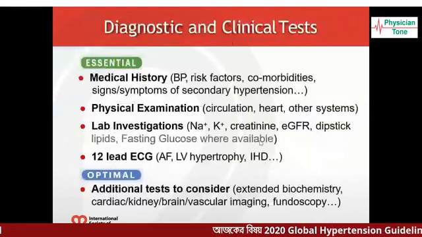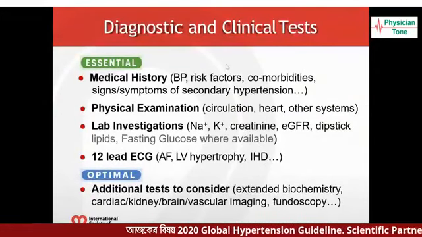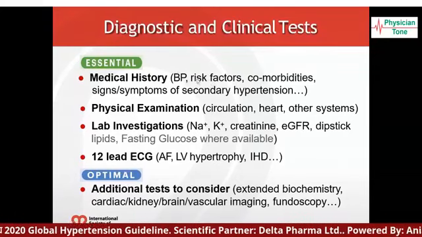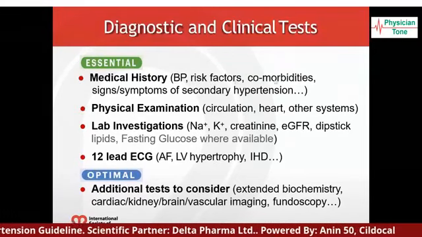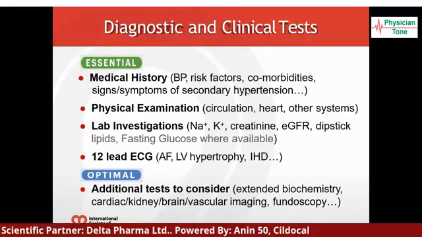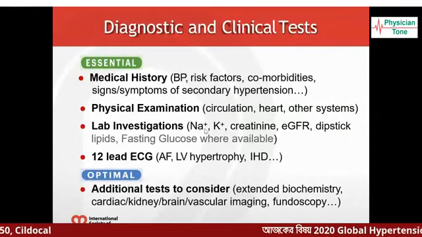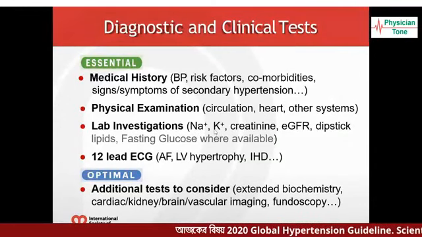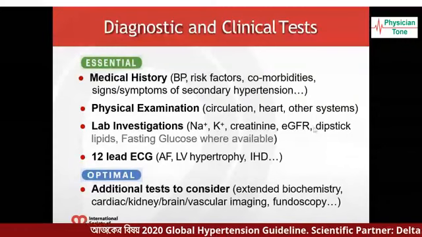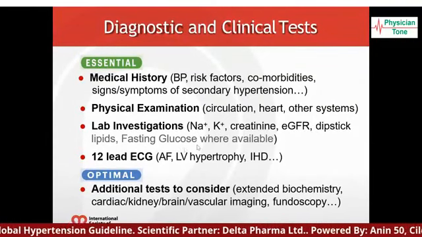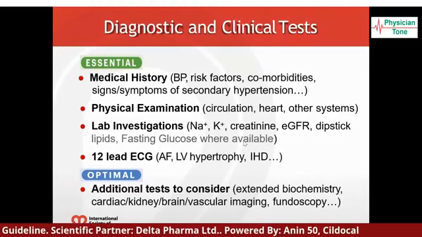What are the diagnostic and clinical tests we do when we diagnose a patient as hypertensive? Blood pressure, risk factors, comorbidities, signs, symptoms, and secondary hypertension we have to monitor. We have to do all physical examinations and lab investigations, like routine lab investigations as well as electrolytes, creatinine, eGFR, dipstick test for proteinuria, lipid profile, fasting blood sugar where available, and a 12-lead ECG should also be done.